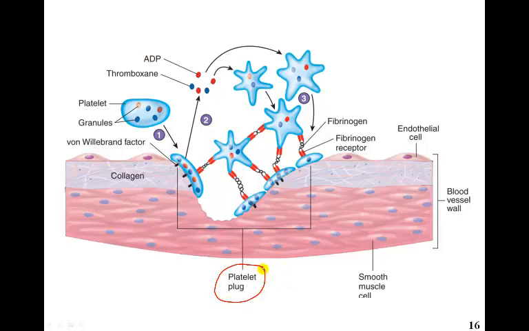So basically, if you get a small break in a vessel, a pretty dinky little break, you actually don't need to make a whole clot to close that off. Instead, the platelets can come and stick onto that break, and they grab onto each other, and they make a plug that seals off that little break. Okay, so that's the first way that platelets help prevent blood loss.